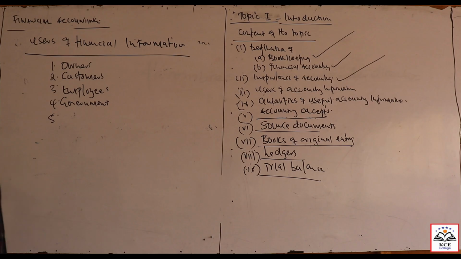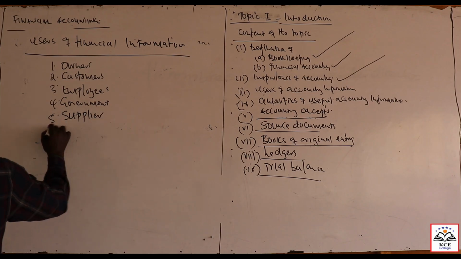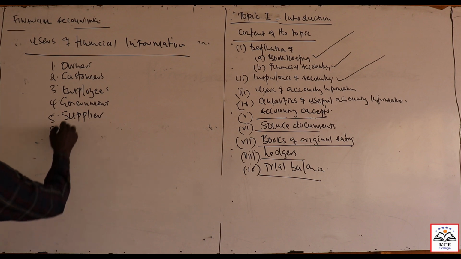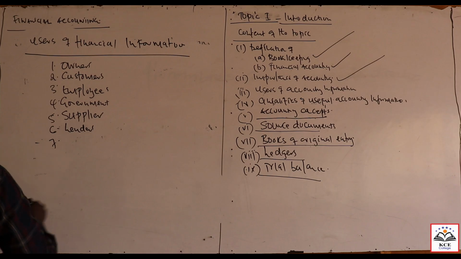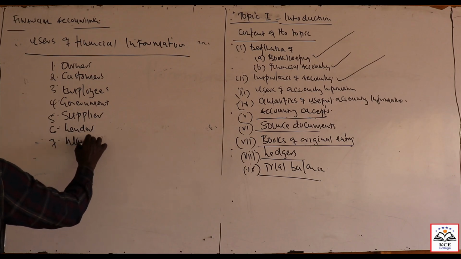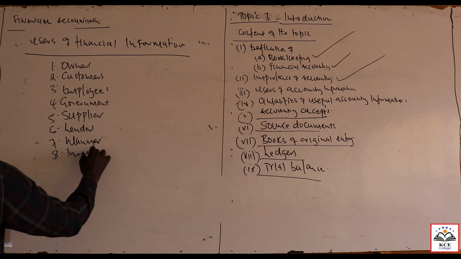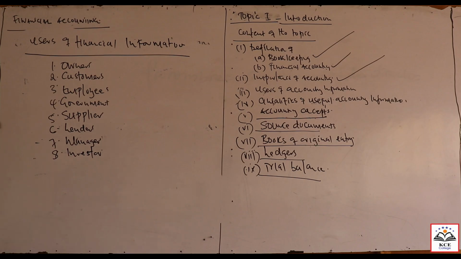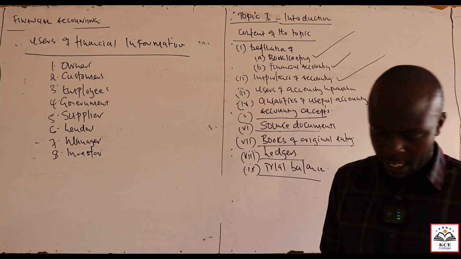Number five, we have the suppliers. Number six, we have the lenders. Number seven, we have the managers. Number eight, we have the financial investors, etc. So these are some of the stakeholders, or those that are interested in financial information.